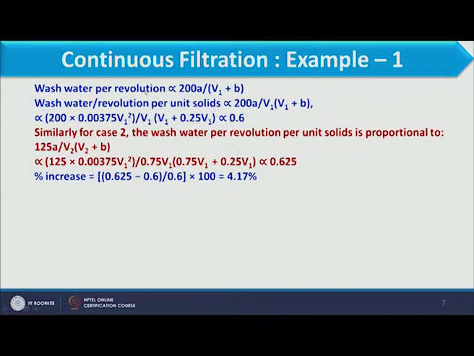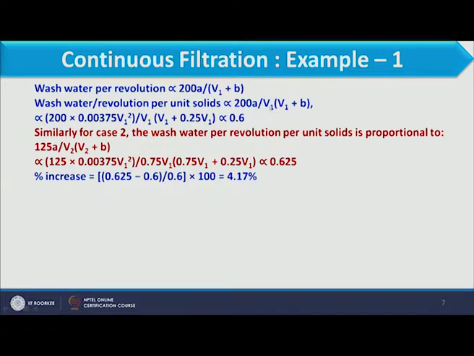Similarly, wash water per revolution per unit solid is proportional to 200 A by (V1 plus B). Here we have defined per unit solid, but we are considering volume, because volume will be associated with the solid which is forming the cake.